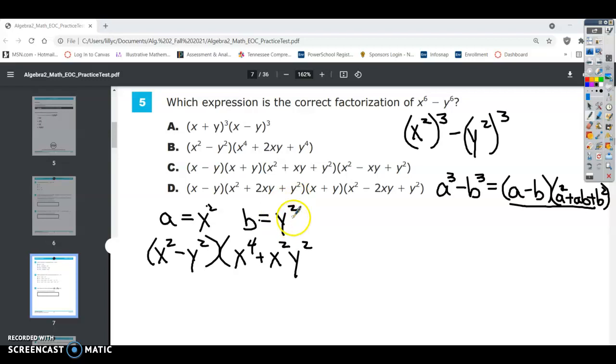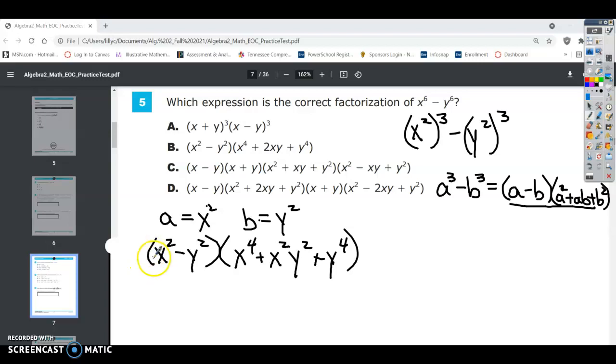So our b is y squared, and if you square that, you get y to the 4th. All right, so this doesn't look like any of the ones up here, so that means we have to go a little bit further. Okay, so you had to know the difference of cubes formula. That's not given. This is something you'll have to know, the sum and difference of cubes for the EOC.